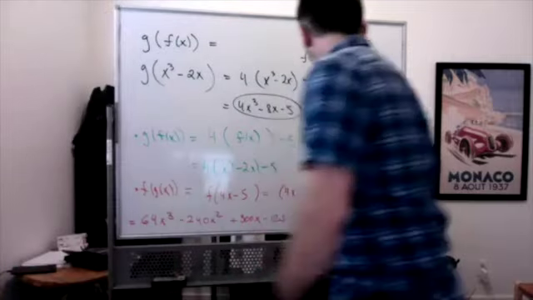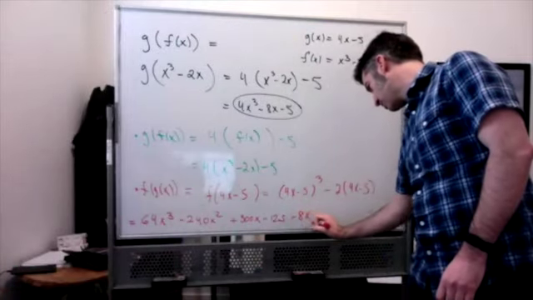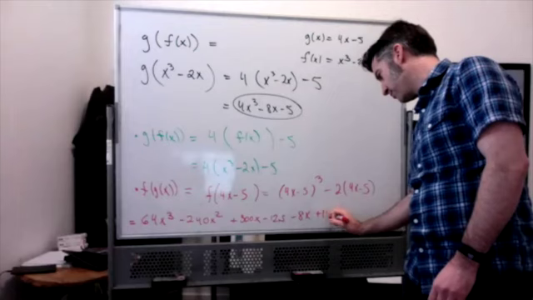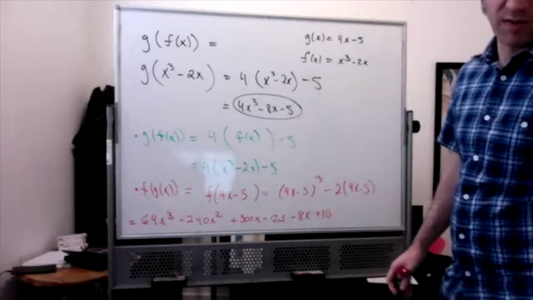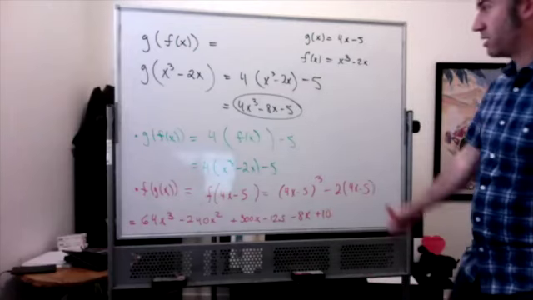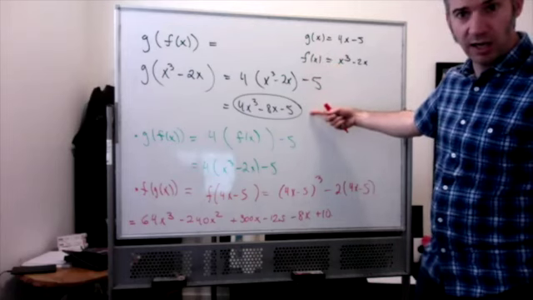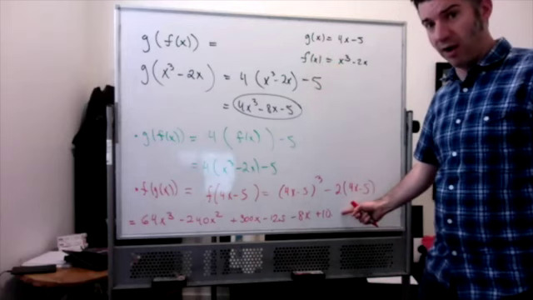And then minus 2 times 4x is minus 8x, minus 2 times minus 5 is plus 10. We could simplify that a little further, but I just want to point out clearly that this thing here and this thing here are very different.